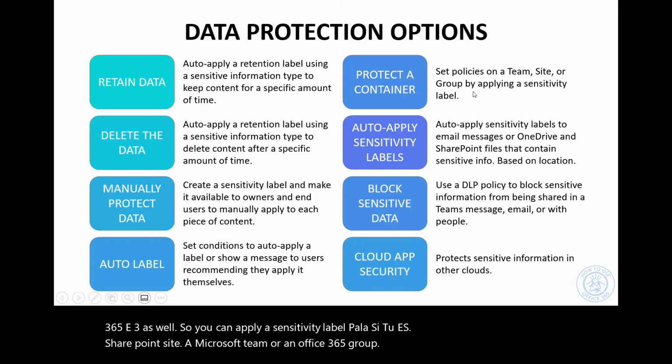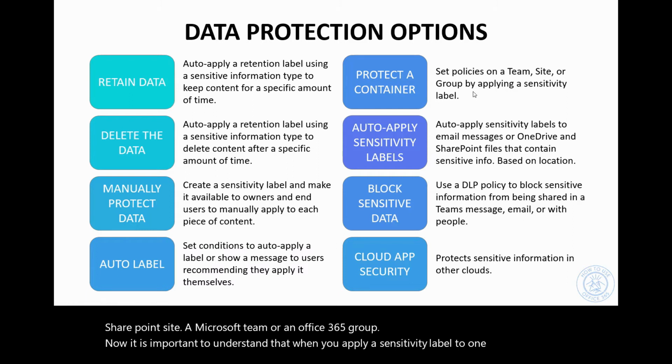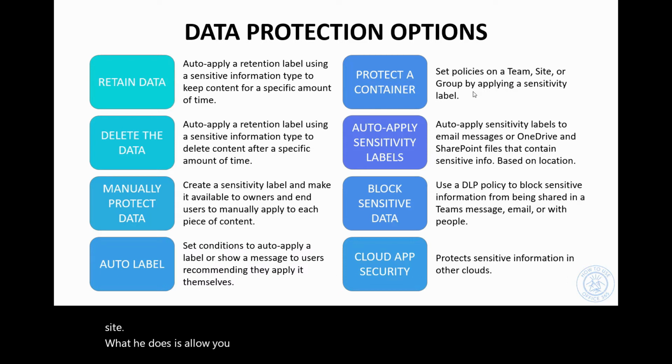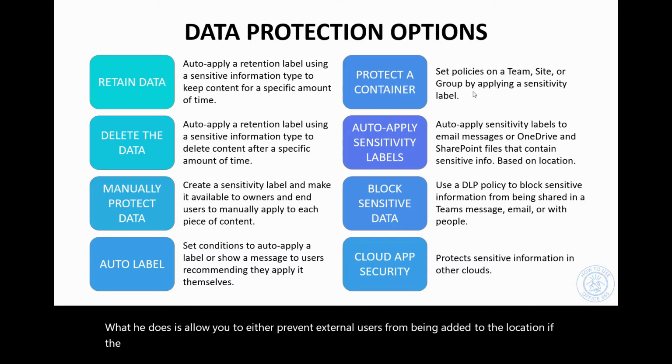Now, it is important to understand that when you apply a sensitivity label to one of these containers, it doesn't automatically apply the label to all the documents that live in that SharePoint site. What it does is allow you to either prevent external users from being added to the location if the sensitivity is confidential, as an example.